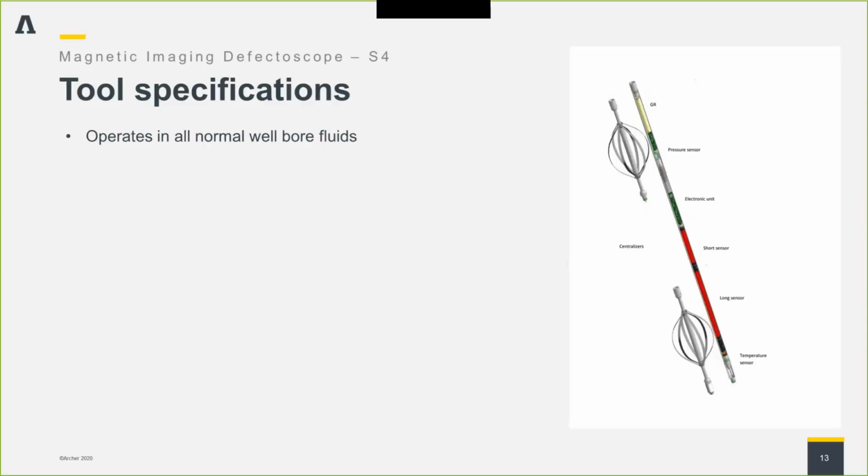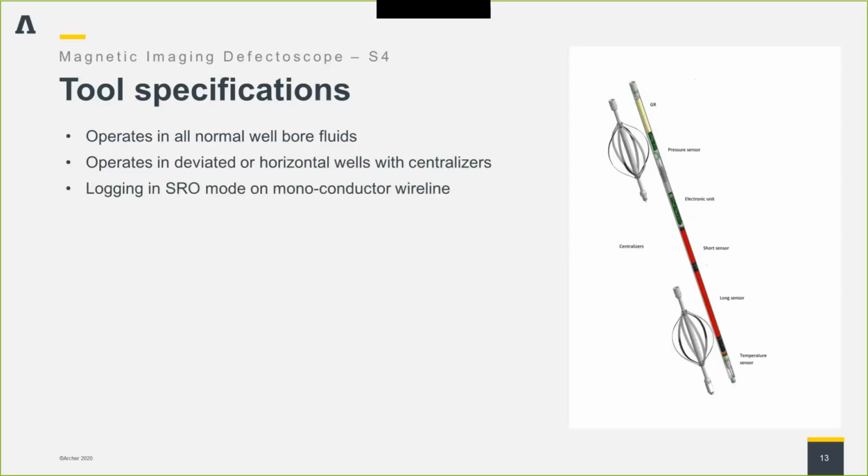There are no specific well fluids that we need for operation, all normal well fluids are fine. Brines, produced water, oil, gas, they're all fine. We can operate in deviated or horizontal wells with the centralizers in there, and we log in real time in surface readout on the monoconductor wireline.